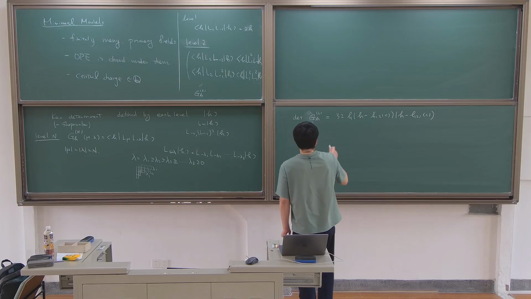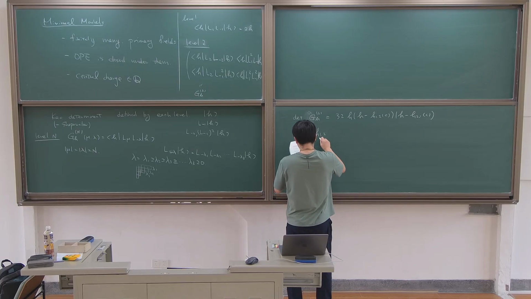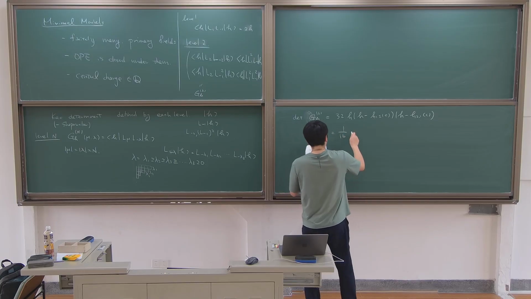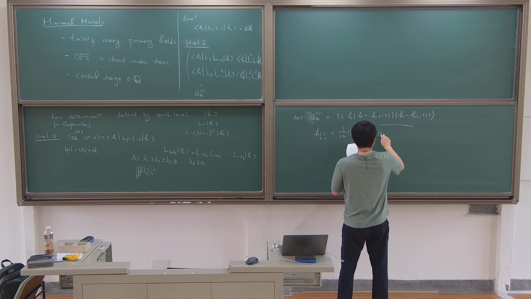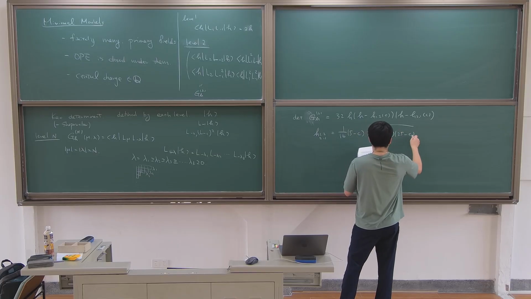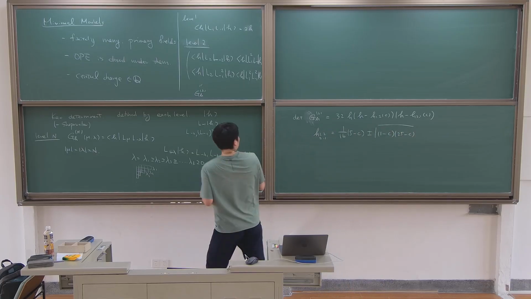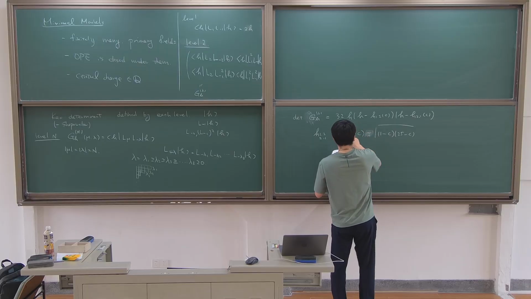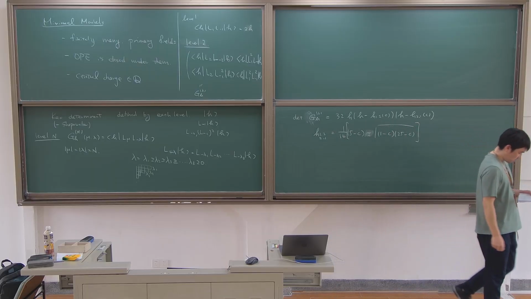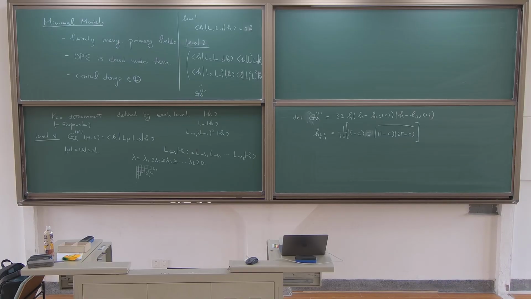Okay, and then h_{1,2}, h_{2,1} are given by the formula with 1/16, like this. That's it.